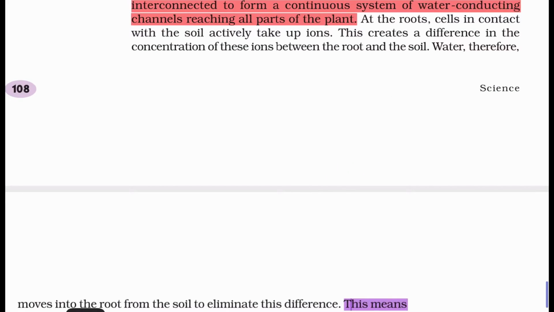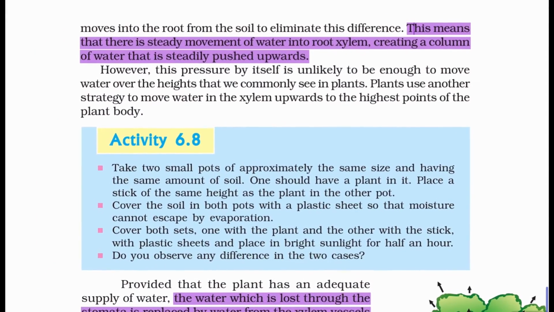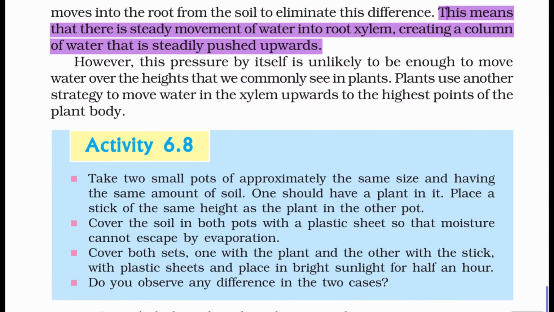Water therefore moves into the roots from the soil to eliminate this difference. So by creating a difference in the concentration of ions, the water moves into the plant from the soil to eliminate this difference. This means that there is steady movement of water into root xylem, creating a column of water that is steadily pushed upwards.